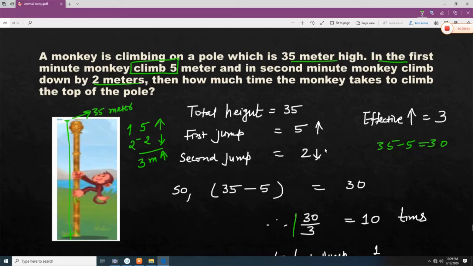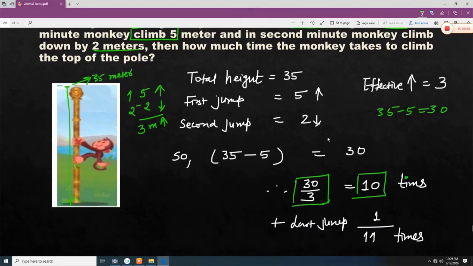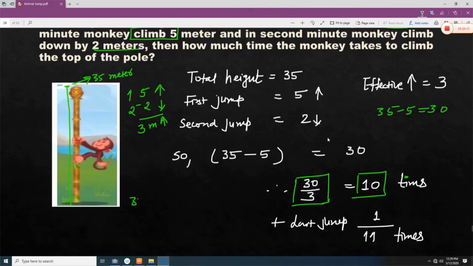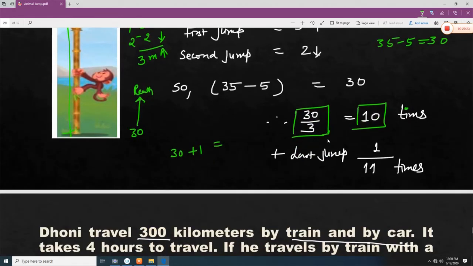So 30 divided by 3 meters of climbing, so 10 times. So 10 times he is reaching 30 meters, and then he will jump 5 meters and he will reach the top. So 10 jumps plus 1, that is 11 jumps.